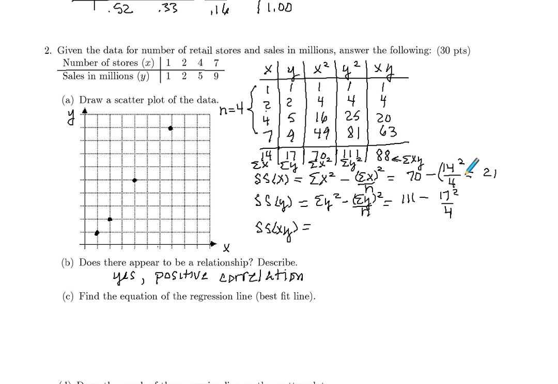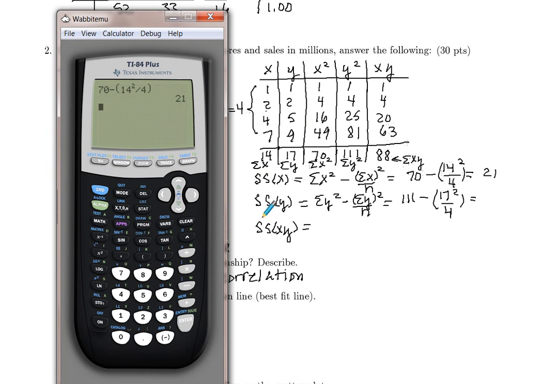I'm going to put some parentheses in here because I entered them into the calculator. So let's go back and figure that out. So 111 minus parentheses 17 squared divide by 4, close up my parentheses, 38.75.